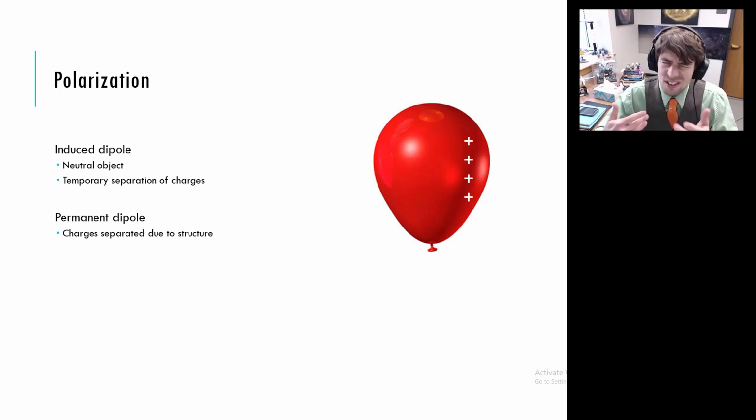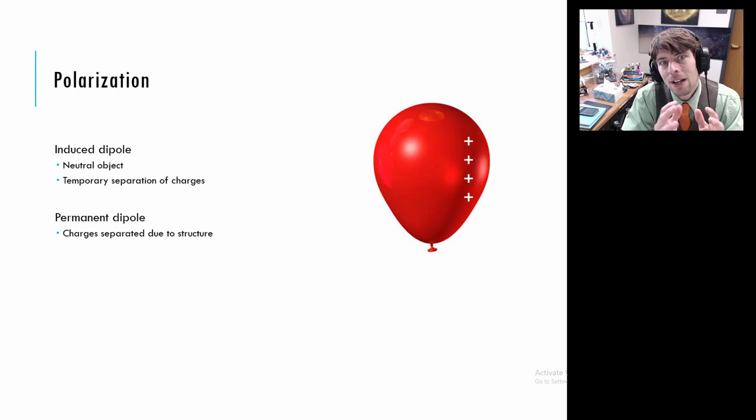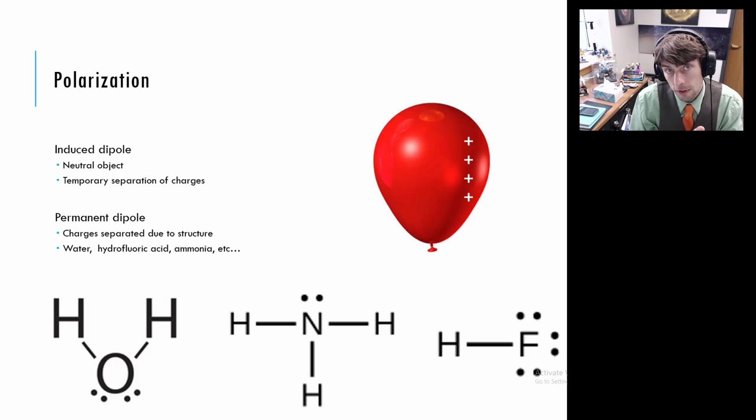And I believe this is primarily due to the structure of the object, or maybe more specifically, the structure of the molecules from which the object is made. Some examples for you, and I've got some Lewis dot structures here, for example, water or hydrofluoric acid, ammonia.